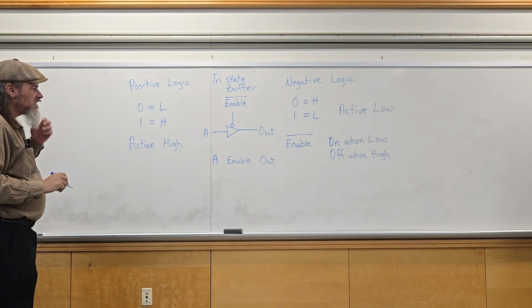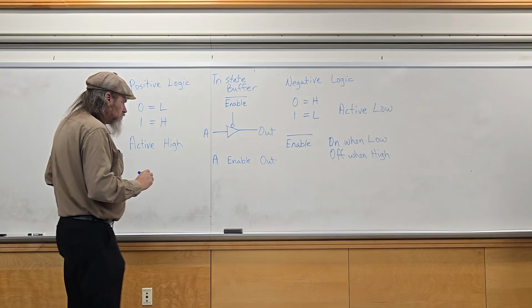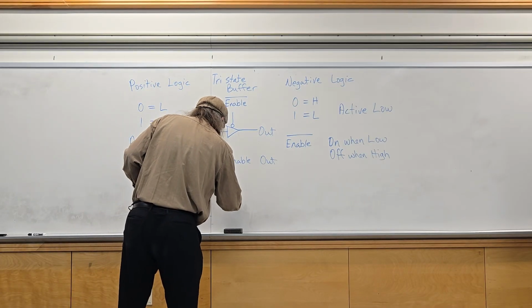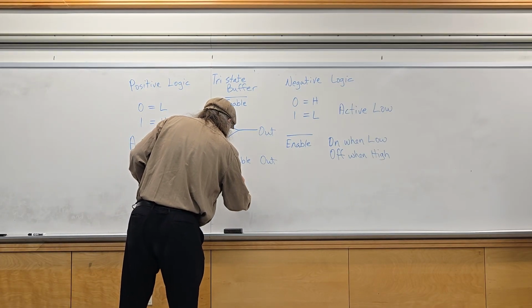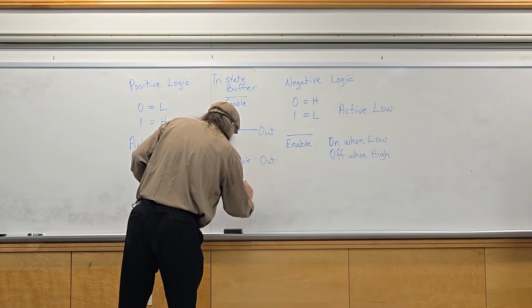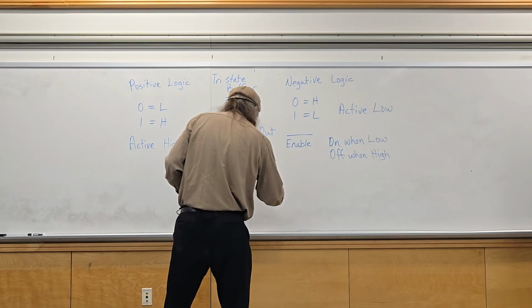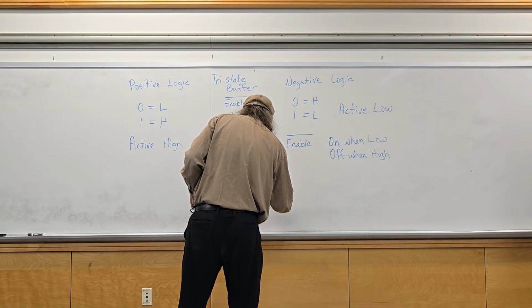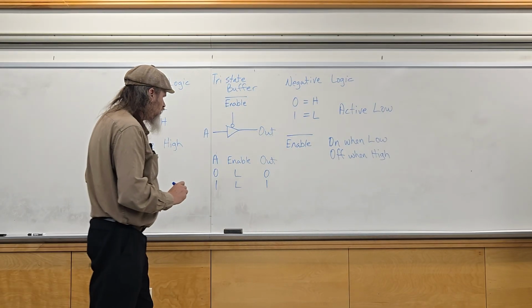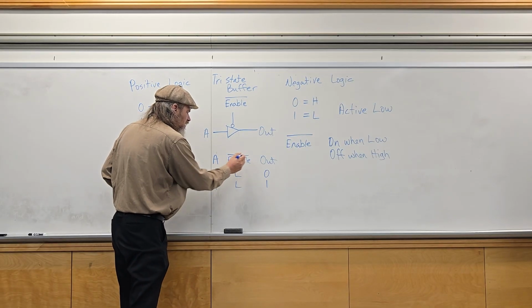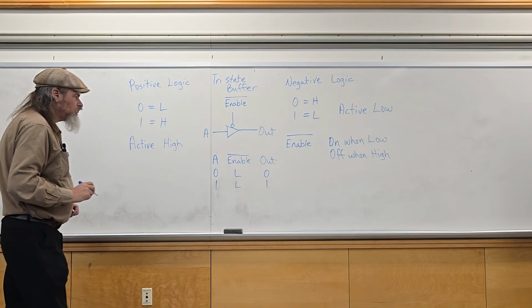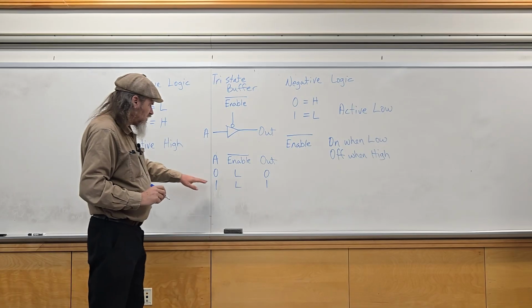When the enable is low, the output is A.